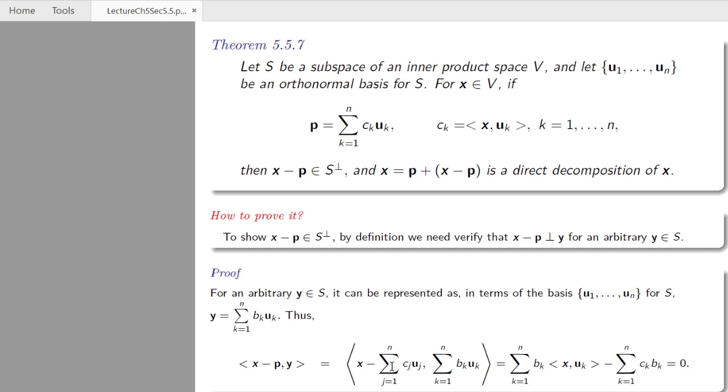Then minus the second term with the inner product with this vector Y.